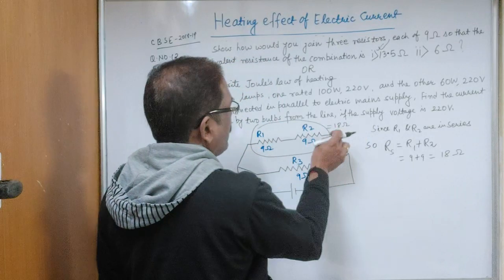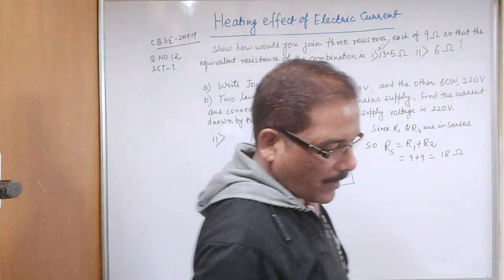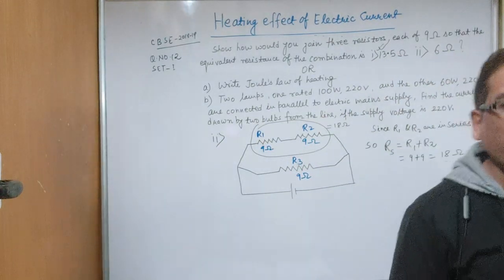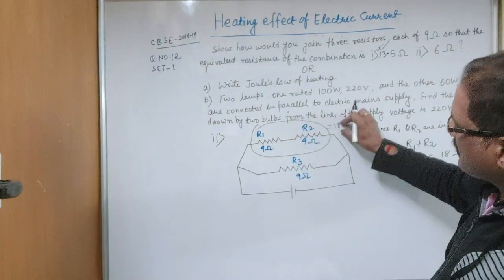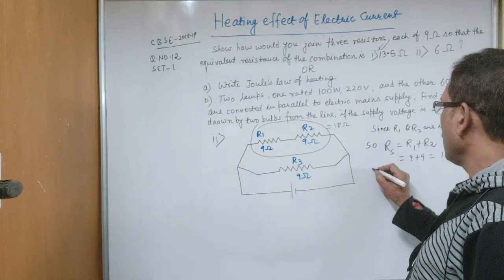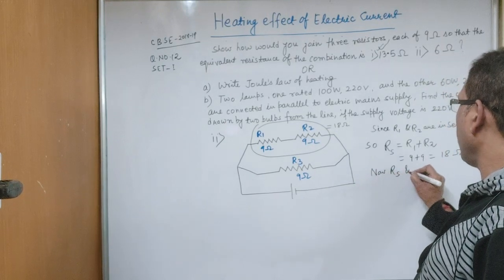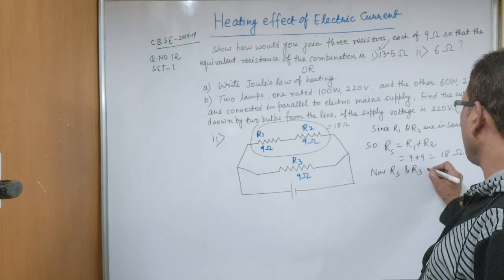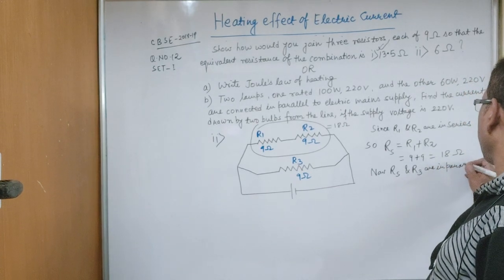Now this 18 ohm and this 9 ohm are in parallel. These two are in series. Now this 18 ohm and this R3 are in parallel. So right now RS and R3 are in parallel.